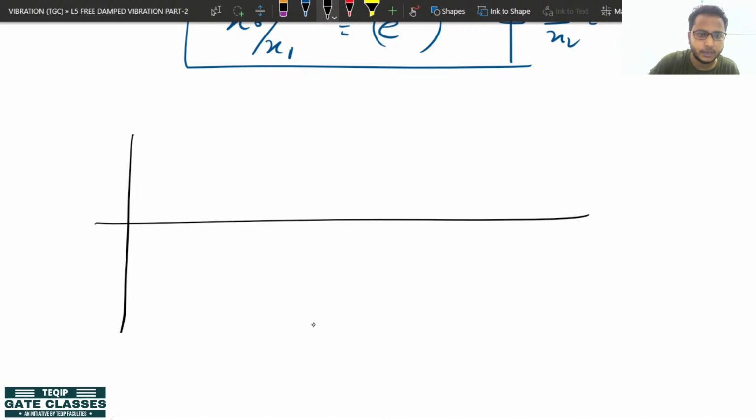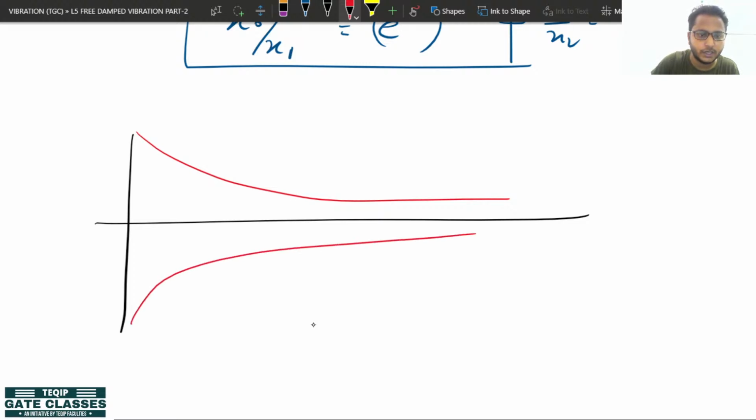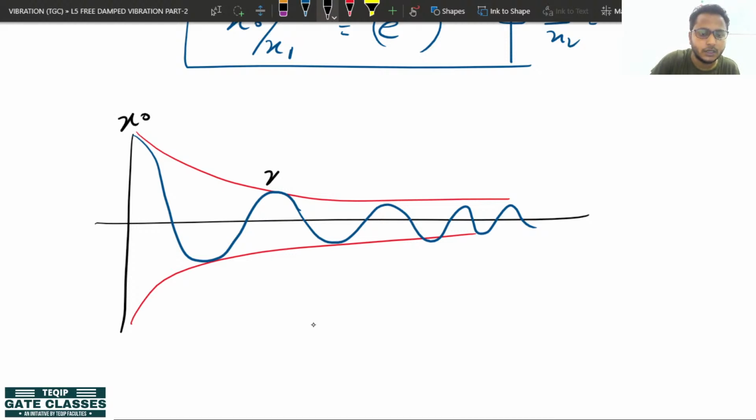We will have exponential decrement on both sides, positive and negative, like this. Here it is x naught, here it is x1, here it is x2, and so on.